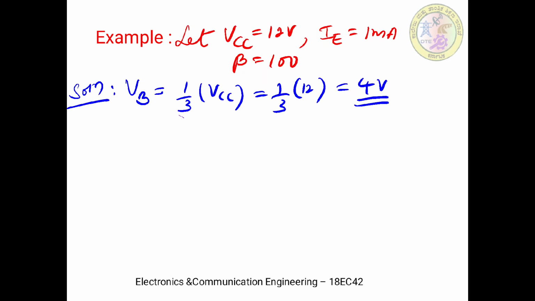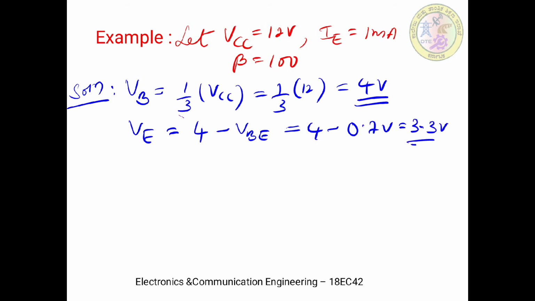Now once VB is available, we can calculate the emitter voltage VE. At the emitter terminal we can write VE as simply VB minus VBE. So it is 4 minus, assuming the VBE value is 0.7 volts, 3.3 volts. So this is the emitter voltage VE.